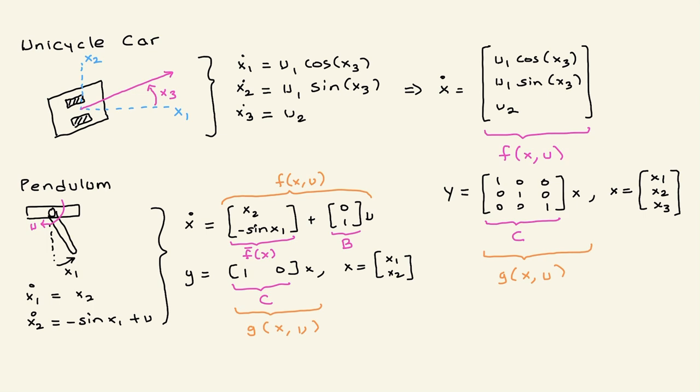And if you don't want to write it linearly like C multiplied by x, the entire structure here you can represent as g of x and u, which is a general functional representation. We don't have a u here, so you can call it g of x, or simply write C multiplied by x.